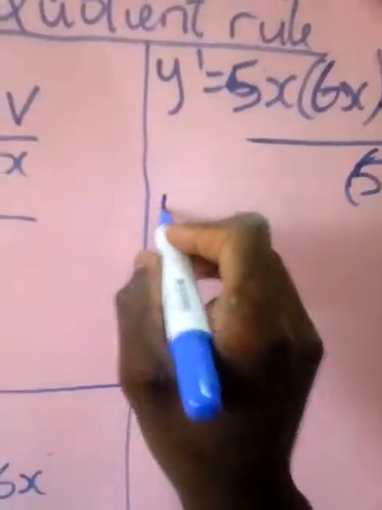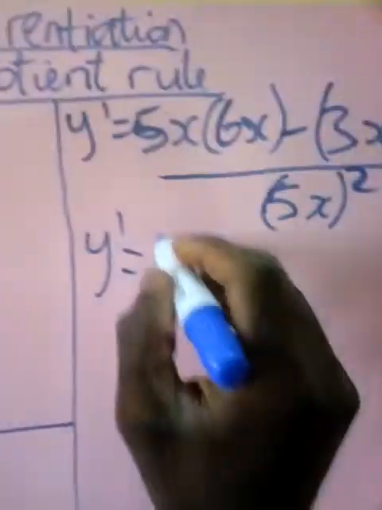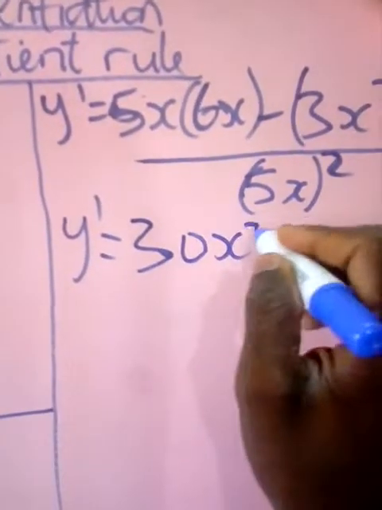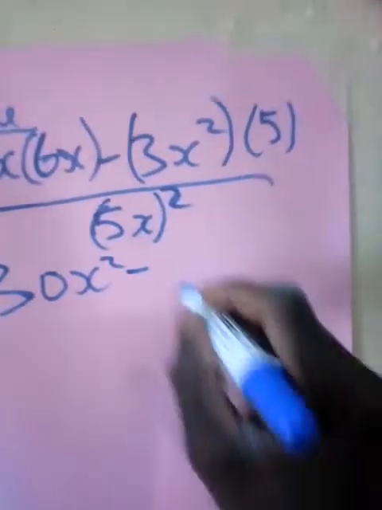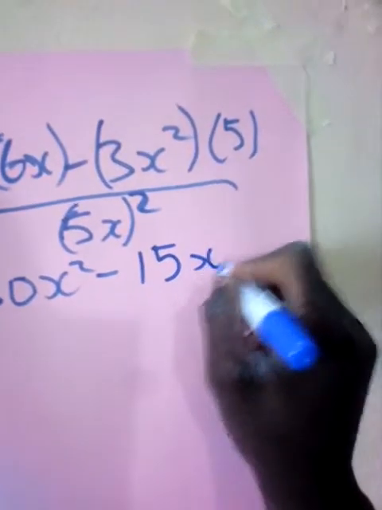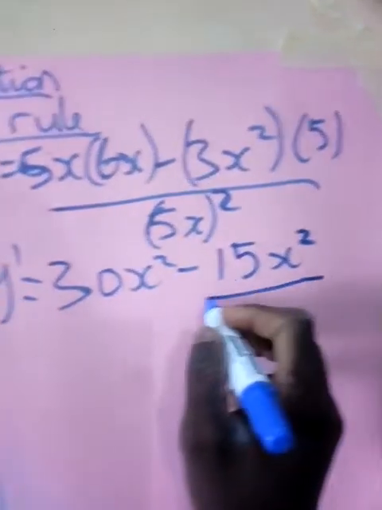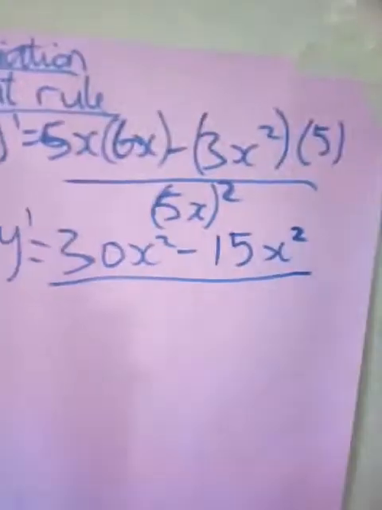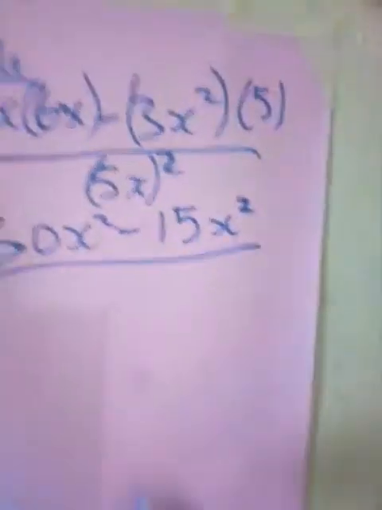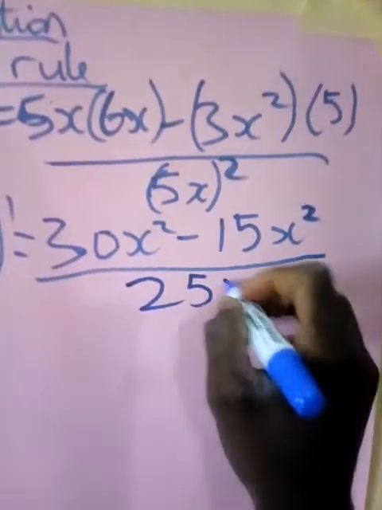So my y prime is equal to 5x times 6x gives me 30x squared minus 5 times 3x squared, that gives me 15x squared, and 5x squared gives me 25x squared. So this is just the basic thing about quotient rule.